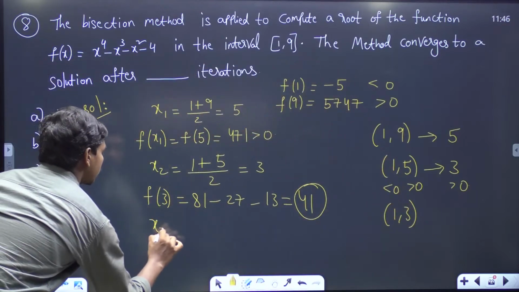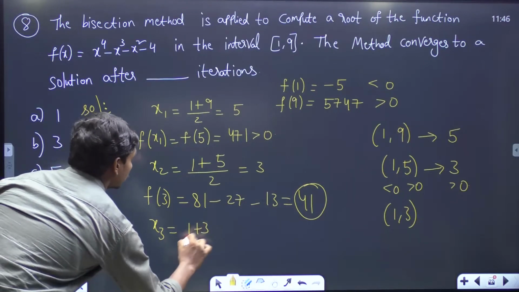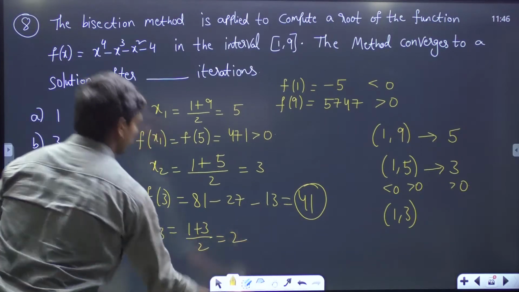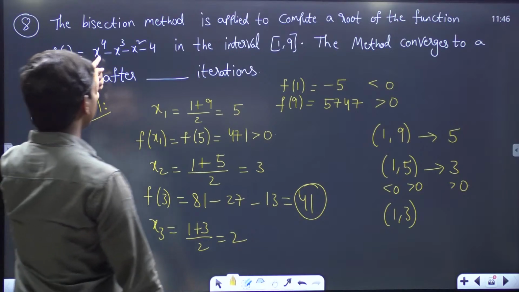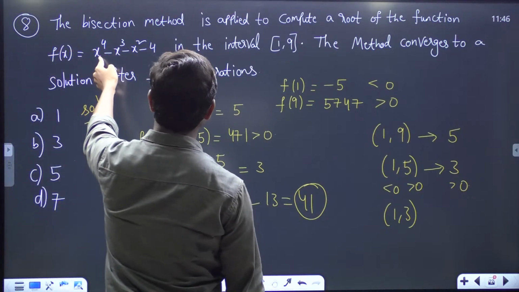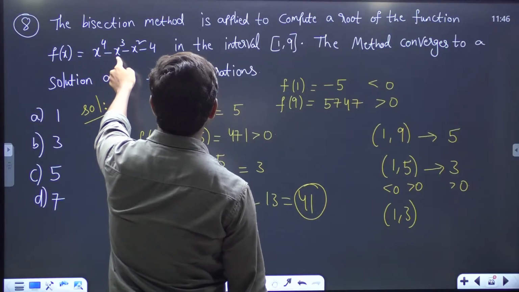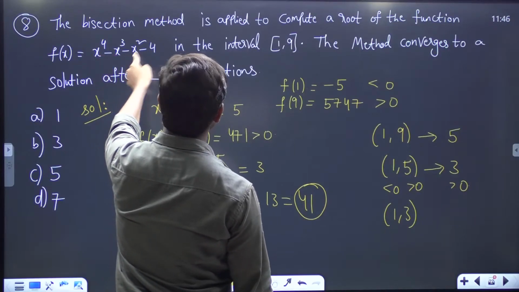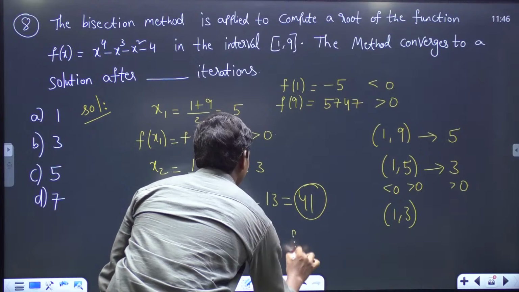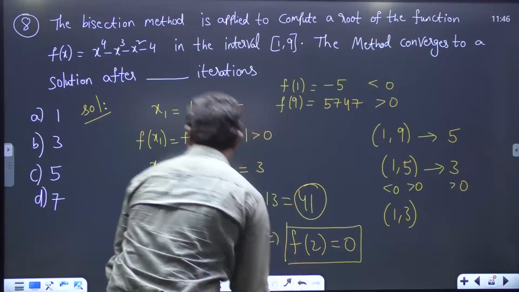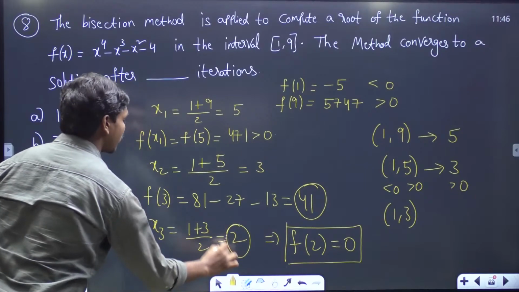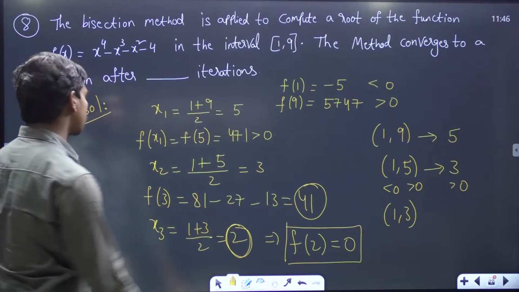So x3 is equal to (1 plus 3) by 2, which is 2. Correct? 4 by 2, 2. So 2 power 4 is 16, 16 minus 8, 8, 8 minus 4, 4, 4 minus 4, 0. Which means f of 2 is equal to 0, and this satisfies the equation. So x3 equal to 2, which you obtained in the third iteration, is the solution for this equation.